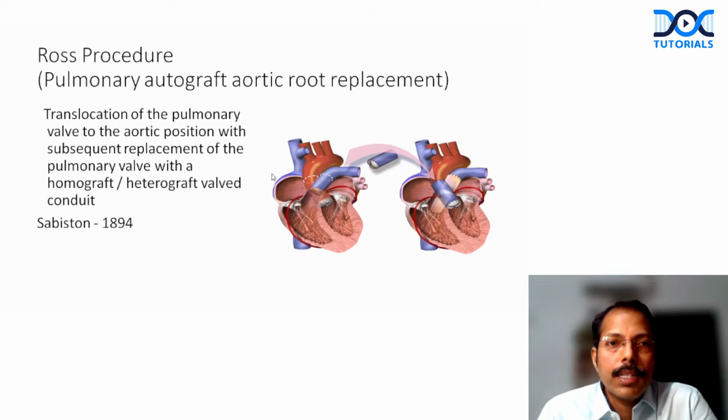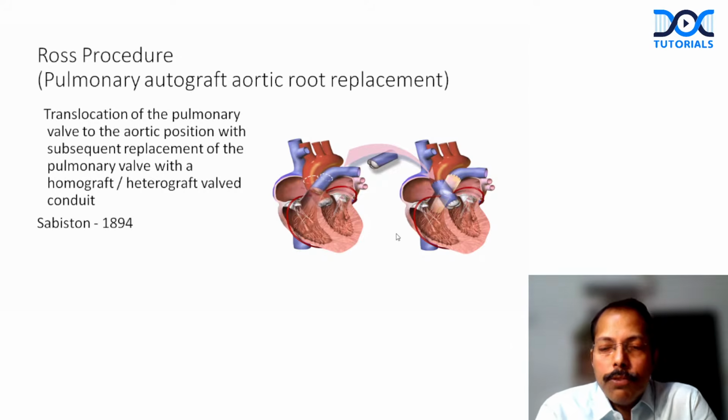We will be discussing this in the next slides, and I would like to tell what the Ross procedure is. The Ross procedure is nothing but the pulmonary autograft aortic root replacement. Okay, this is the definition of the Ross procedure. You can appreciate the translocation of the pulmonary valve to the aortic position with subsequent replacement of the pulmonary valve with a homograft or a heterograft valve conduit.